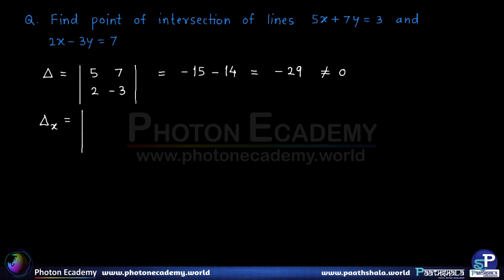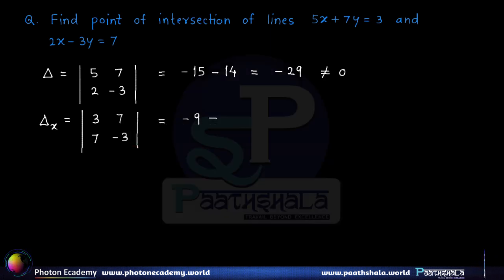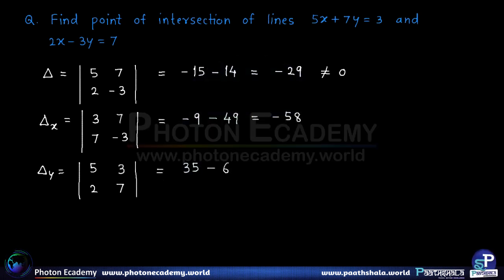Now delta x is obtained by replacing the first column by the constants and the second column remains the same. That gives us minus 9, minus 49, so that is minus 58. And lastly delta y: the first column is the same but the second column gets replaced. That gives us 35 minus 6, that is 29.